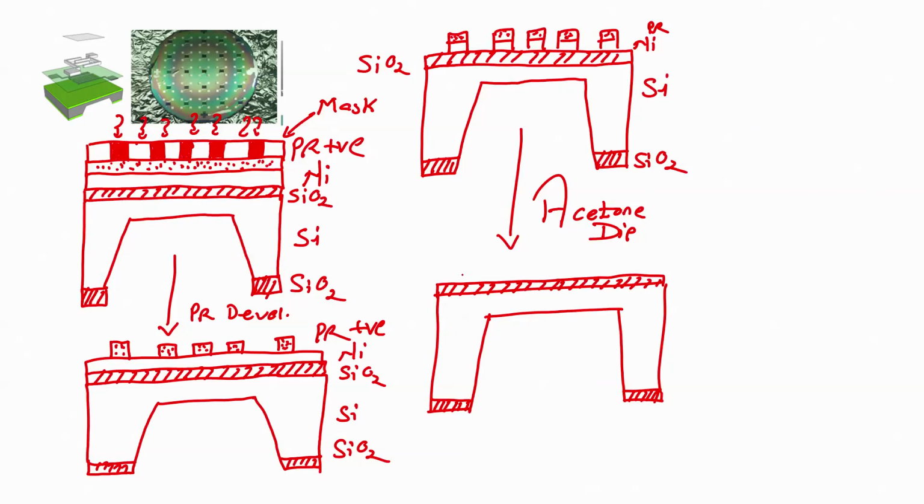If I strip off the photoresist, I will have my micro heater ready. So, nickel, SiO2, silicon, SiO2, correct. I have my micro heater ready.